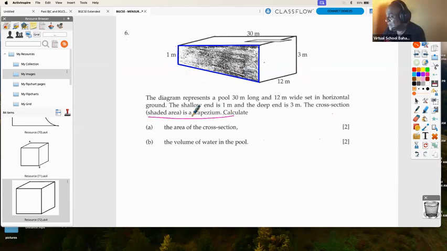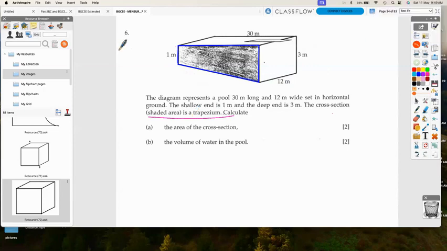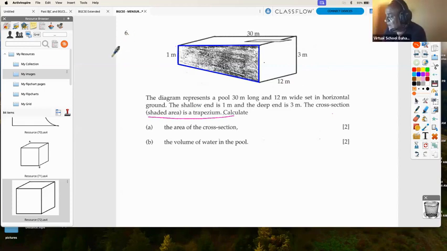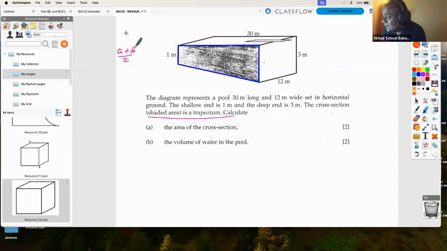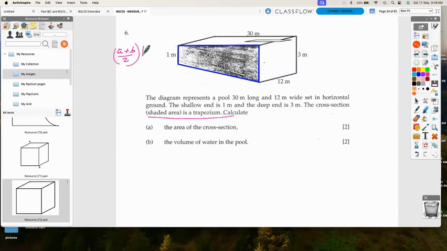Okay, so what is the formula for a trapezium? A plus B divided by 2. Okay, multiplied by... A plus B divided by 2 is the same as half A plus B, right? So I'm going to put A plus B divided by 2 in brackets, and then I'm going to multiply it by the height.